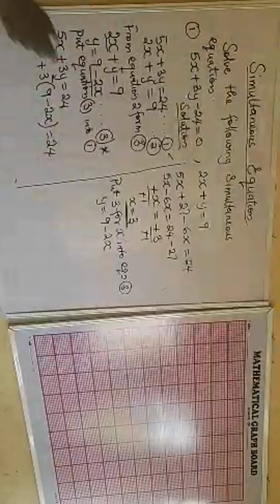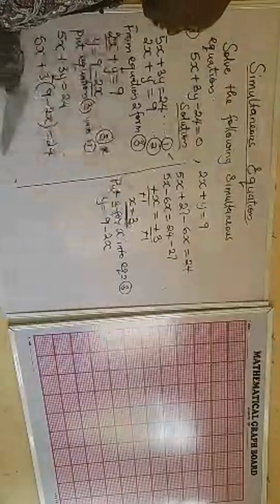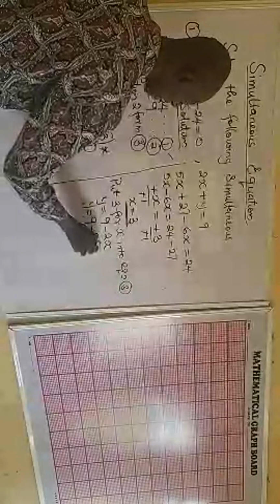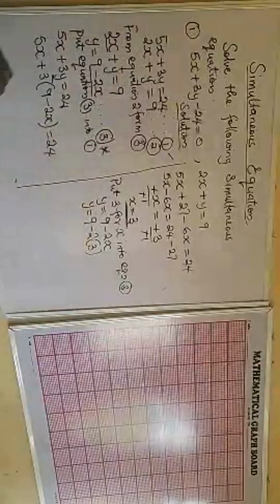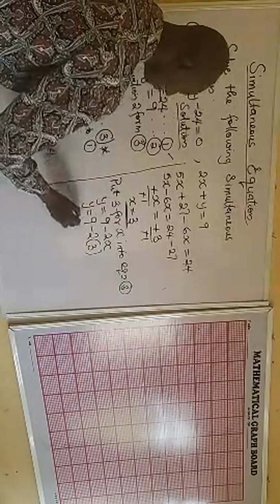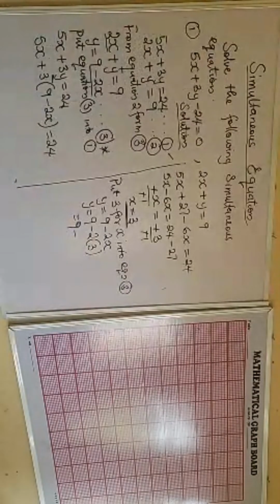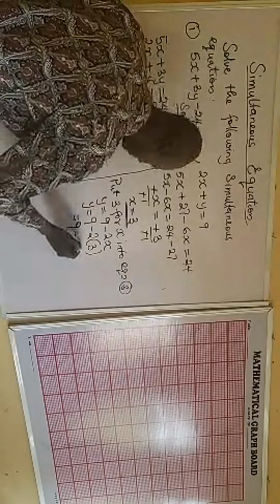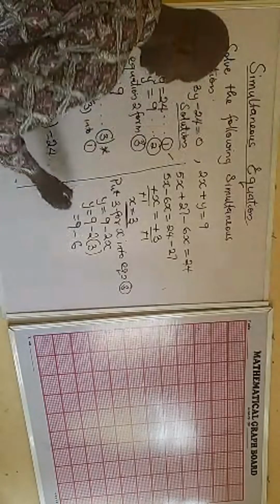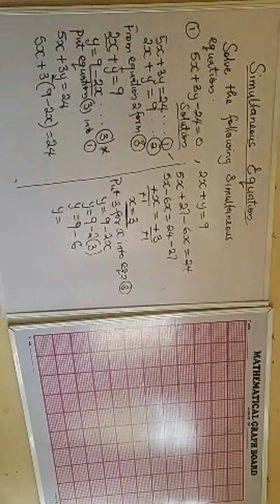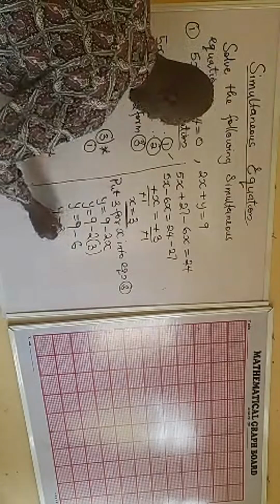And what is the value of x? Look at it here. It's 3. So y is equals to 9 minus 2 bracket 3. Now, what is 2 times 3? 2 times 3 is 6. Now, 9 minus 6 is 3.